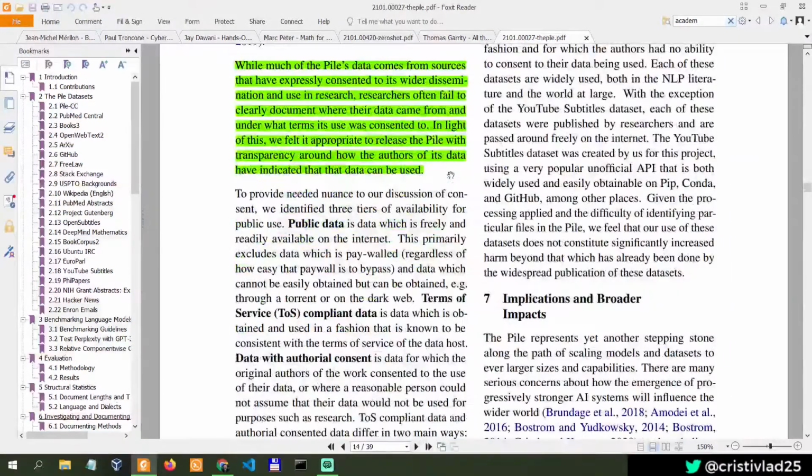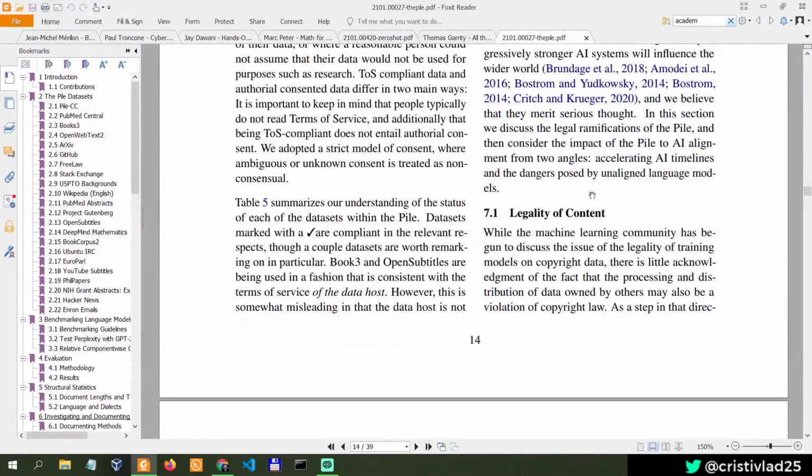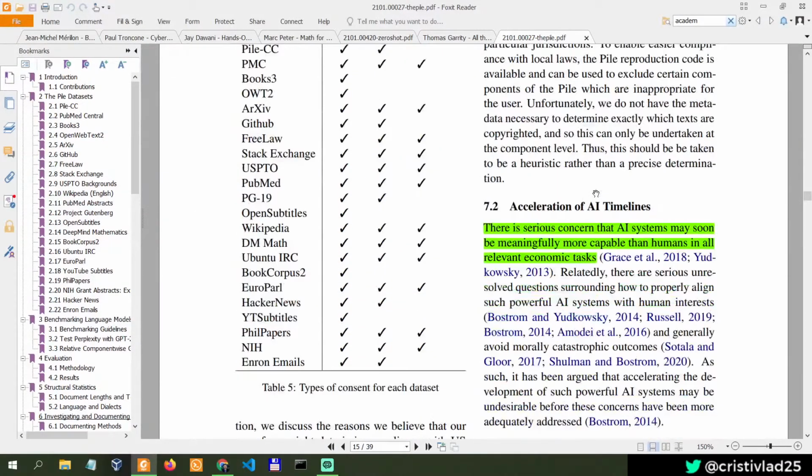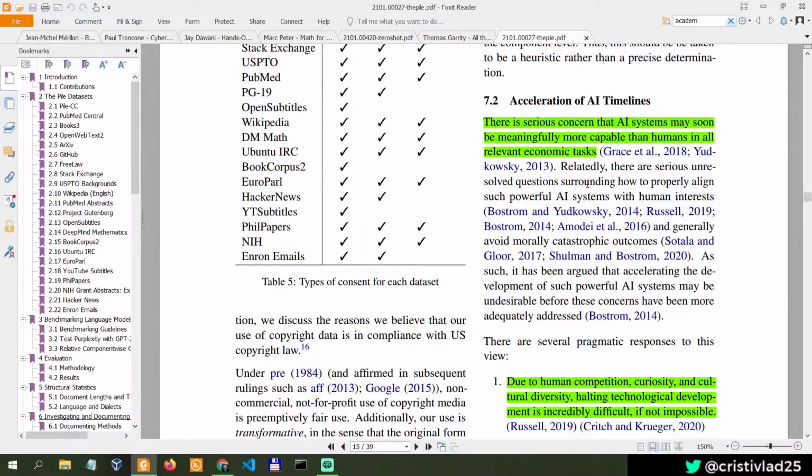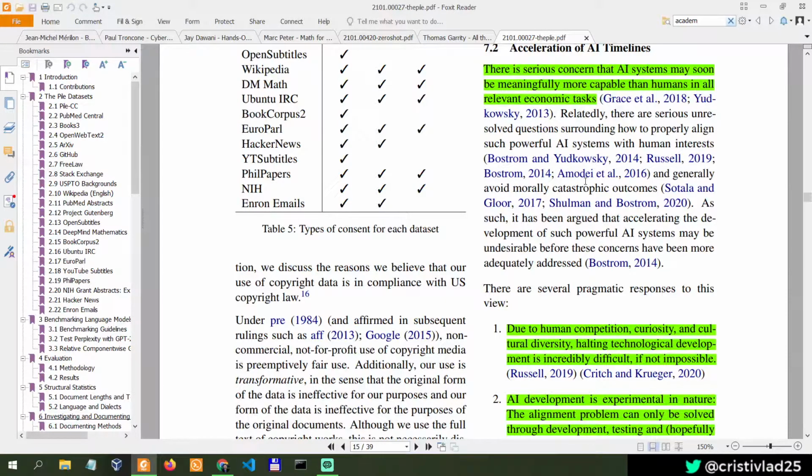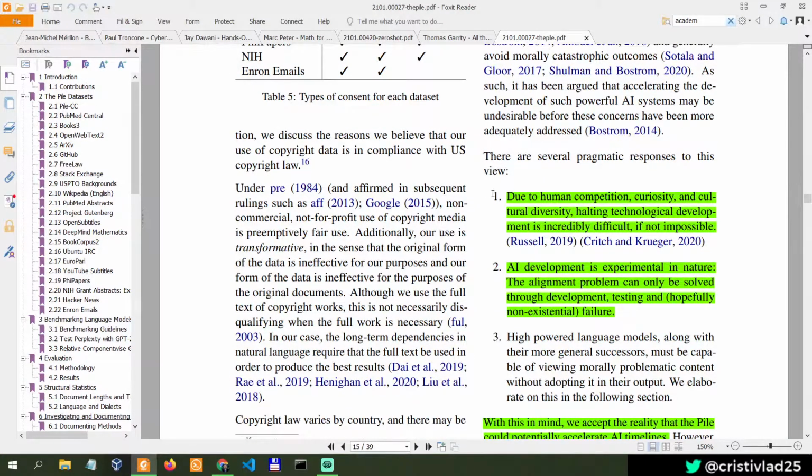Now they talk about consent, implications and broader impact, legality of content. I haven't focused too much on these while reading. This is something to think of: due to human competition, curiosity, and cultural diversity, halting technological development is incredibly difficult, if not impossible. Well, yeah, that's correct. Think of the case with CRISPR-Cas9 babies from 2018.